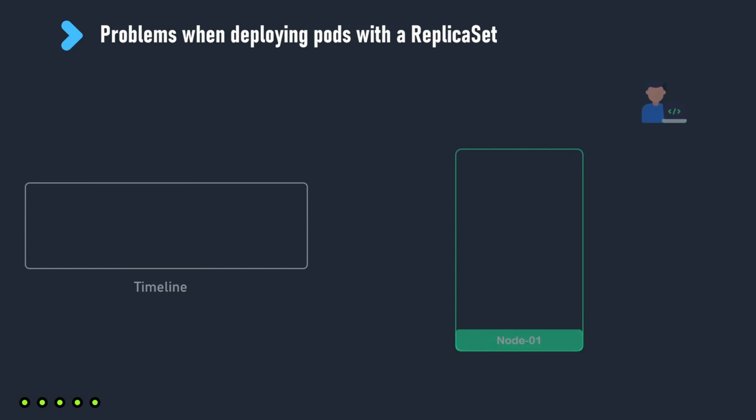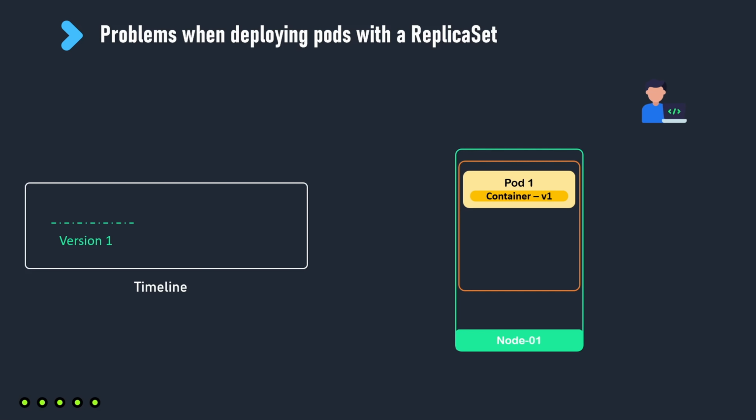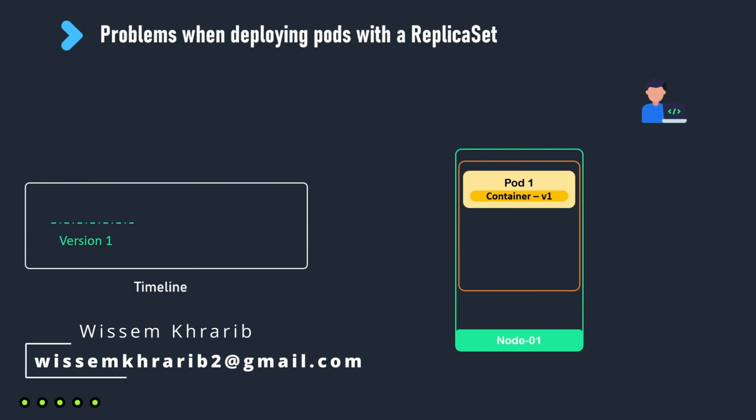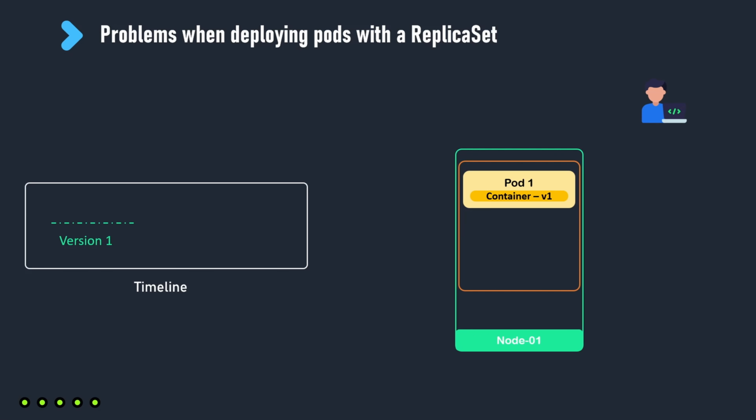With a replica set, we make our application available to the users by creating the replica set, which will create some pods running the first version of our application. Now, the first version is available and can be accessed by the users.